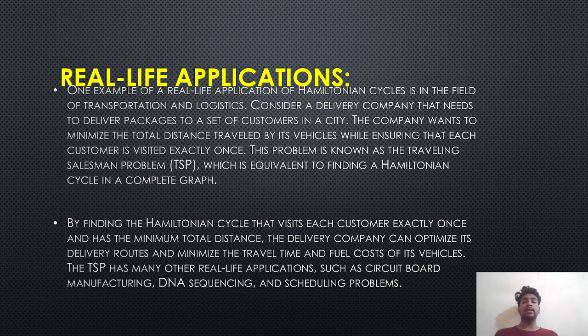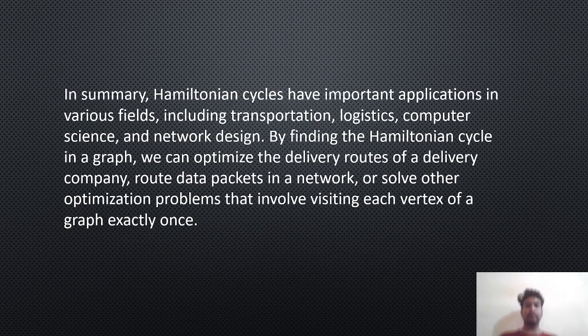This problem is known as the traveling salesman problem, which is equivalent to finding a Hamiltonian cycle in a complete graph. By finding the Hamiltonian cycle that visits each customer exactly once and has a minimum total distance, the delivery company can optimize its delivery routes and minimize the travel time and fuel cost of its vehicles.